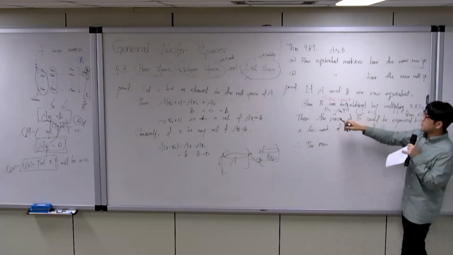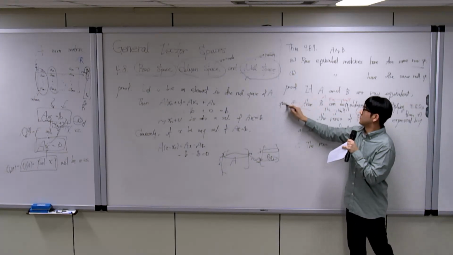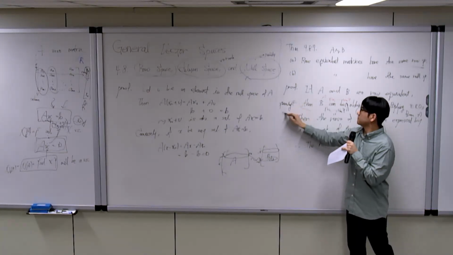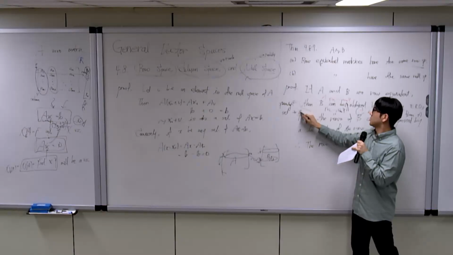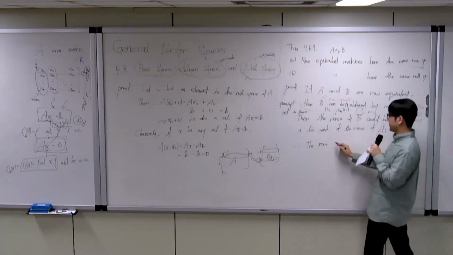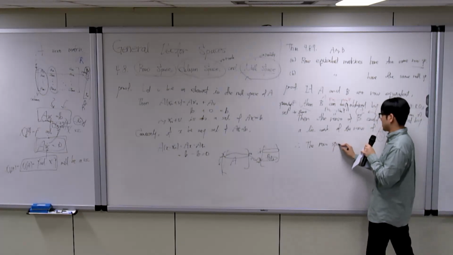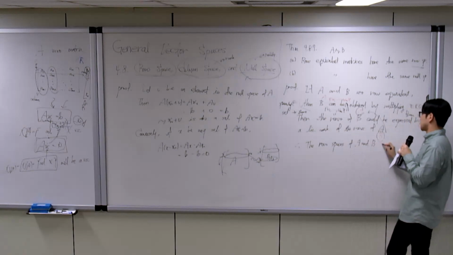Then the spanning set is the same. So the row spaces of A and B are the same.